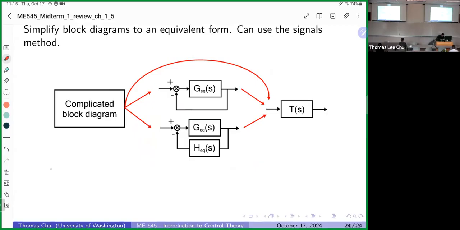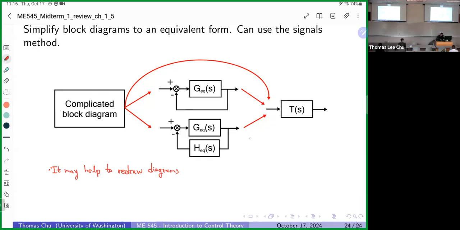And one other note about block diagrams is, feel free to just redraw the diagram. It may help to redraw diagrams, because sometimes the way something looks might not obviously look like a feedback system, but could be a feedback system.